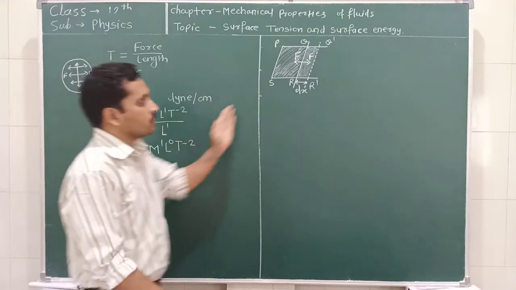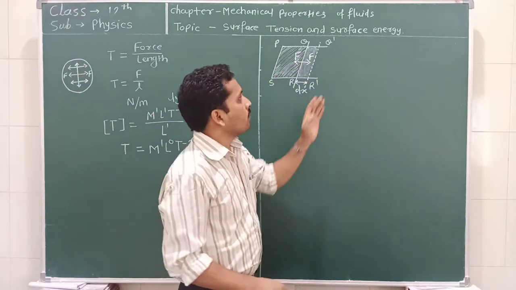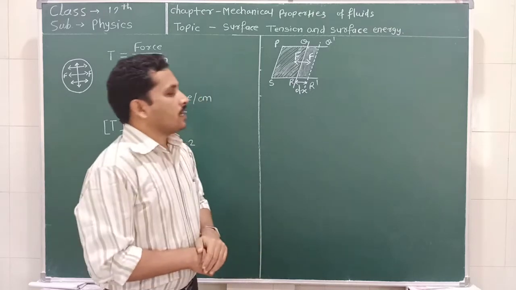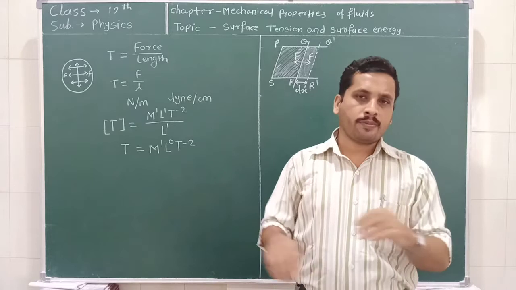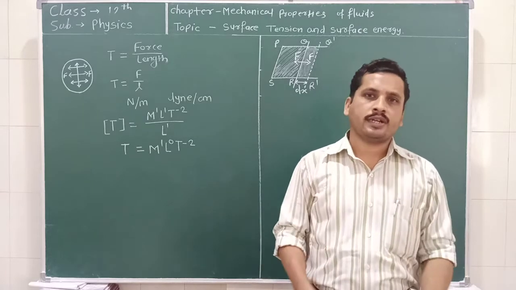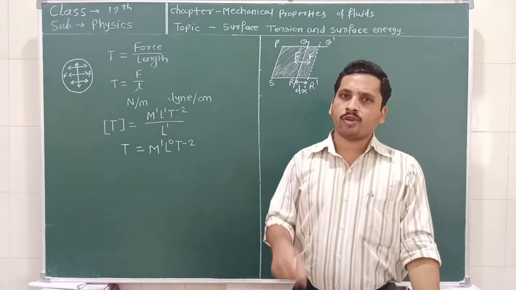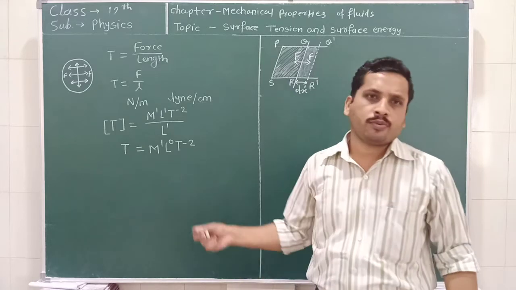Now we are moving towards surface energy. What is surface energy? In the last lecture we saw that all the molecules on the surface are trying to go inside the liquid due to the attractive forces, due to the cohesive forces.